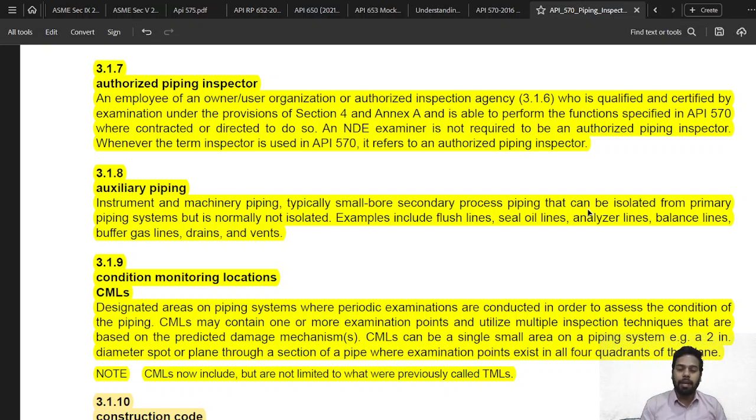An NDE examiner is not required to be an authorized piping inspector. Wherever the term inspector is used, it refers to the authorized piping inspector: a person who has an API 570 certificate, working for the owner itself or for an authorized inspection agency.